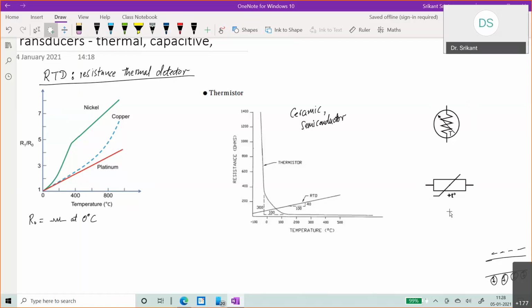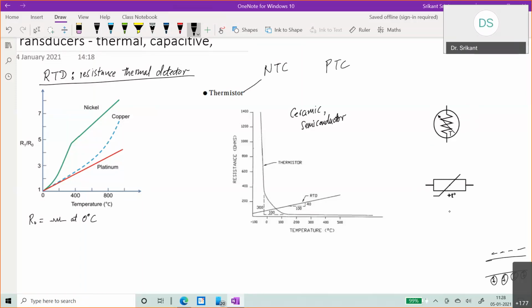Sir, what's the difference between thermistor and RTD then? Here, this is what it's showing. Usually the thermistor has a negative thermal coefficient. So let's call those NTC and PTC.